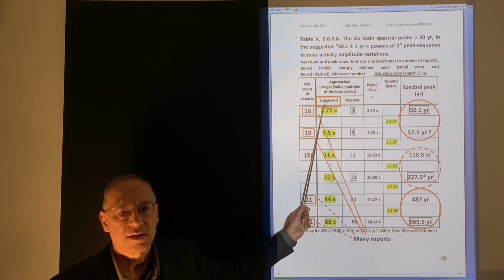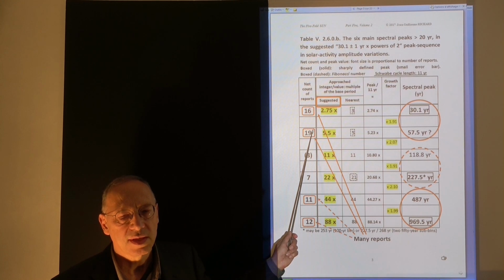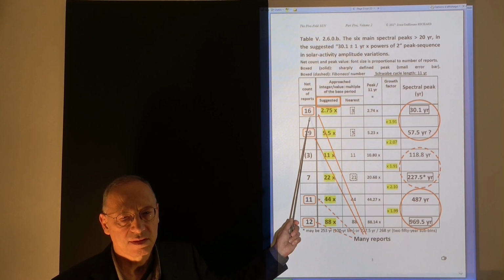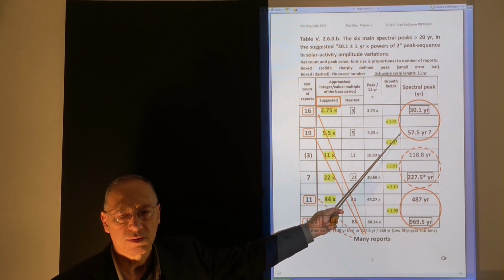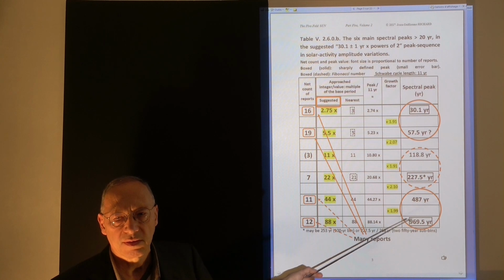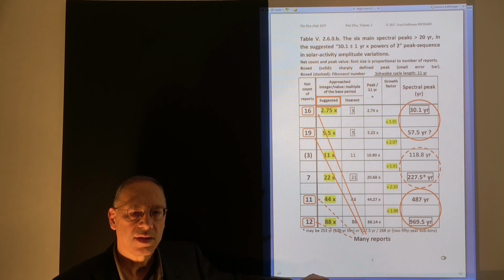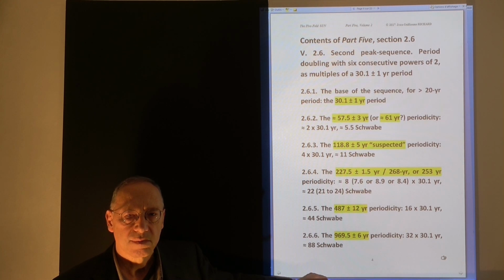You see that there are many reports, 16 reports and 19 reports, net of the reports of troughs in the same period bin for this base period, and also even more for its approximate double period, but also for these very long periods of respectively 487 years and 969 years. We will go now through each of these 6 spectral peaks.